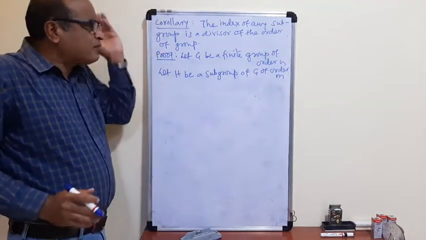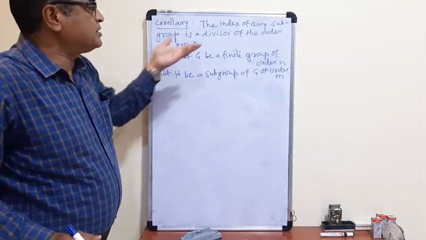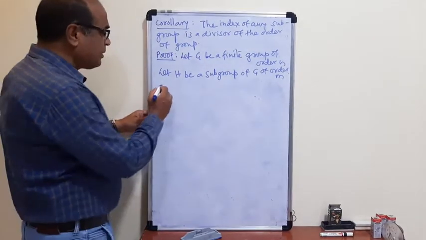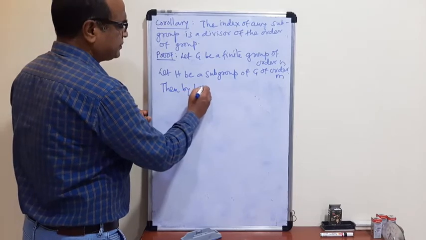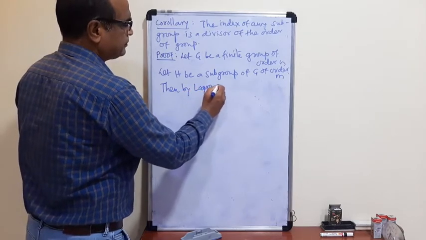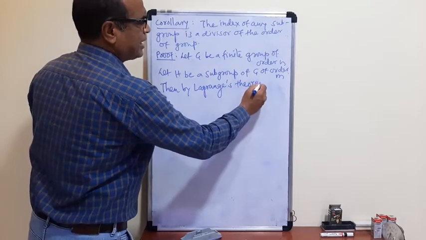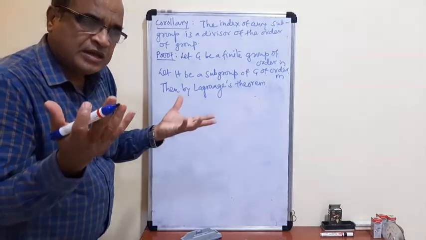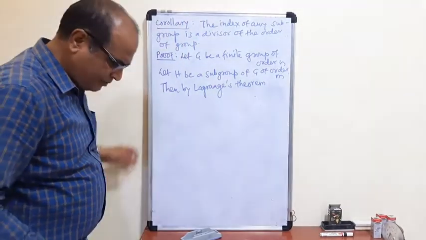So the order of G is n and H is a subgroup of G of order m. Then by Lagrange's theorem: if H is a subgroup of G, then the order of H divides the order of G. This is Lagrange's theorem.